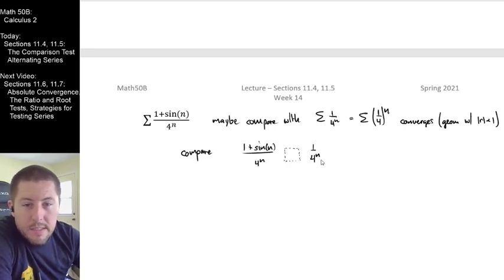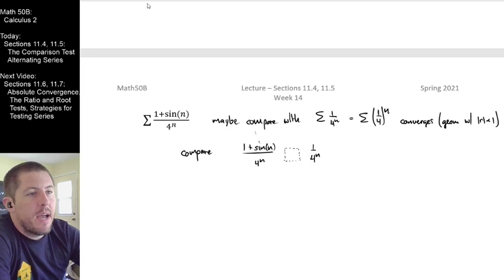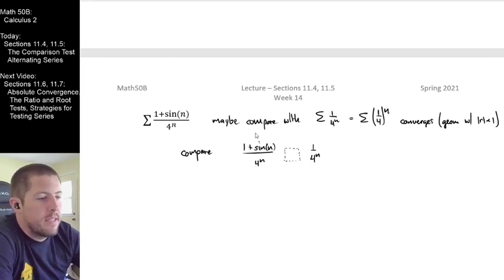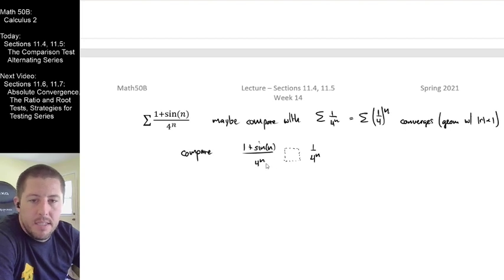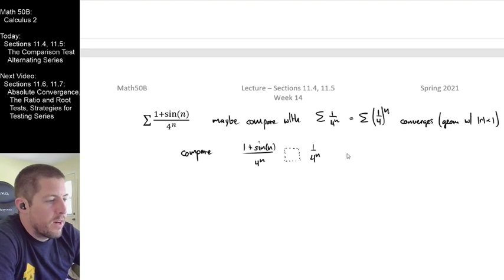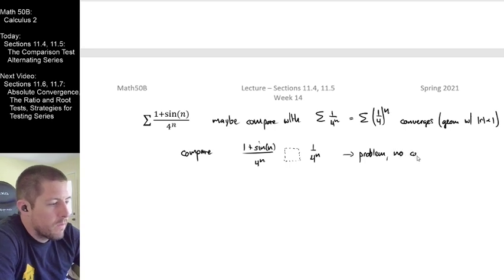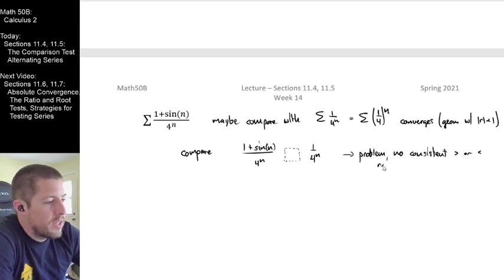And you should realize that the answer is we can't just put down a single greater than or less than right here, because what you know is that sometimes we're going to get positive values for sine, and sometimes we're going to get negative values for sine. So this does not have a consistent greater than or less than relationship with 1 over 4 to the n. No consistent greater than or less than relationship between these two.